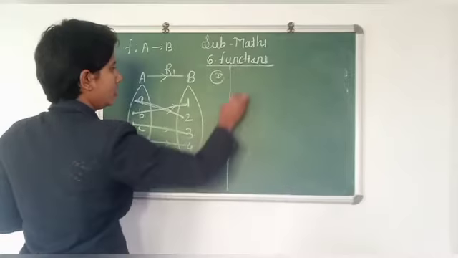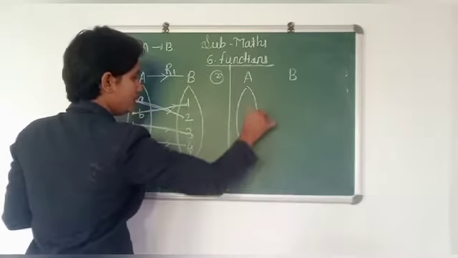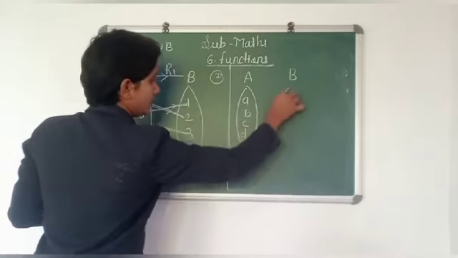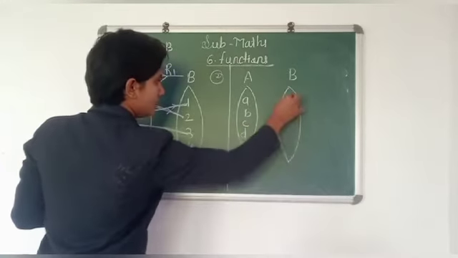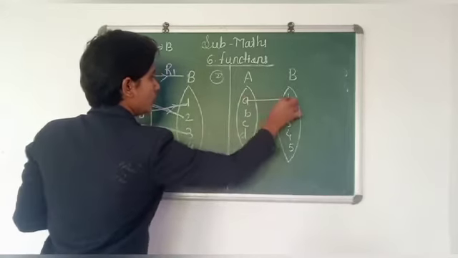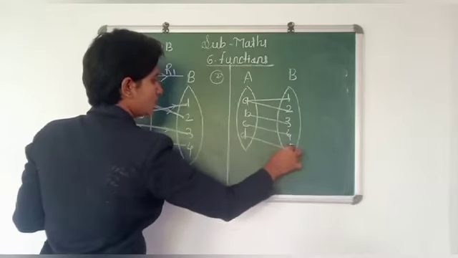Now see the second example. Consider any two sets A and B. Set A contains four elements A, B, C and D, and set B contains five elements 1, 2, 3, 4 and 5. So A goes to 1, A goes to 2, B goes to 3, C goes to 4 and D goes to 5.